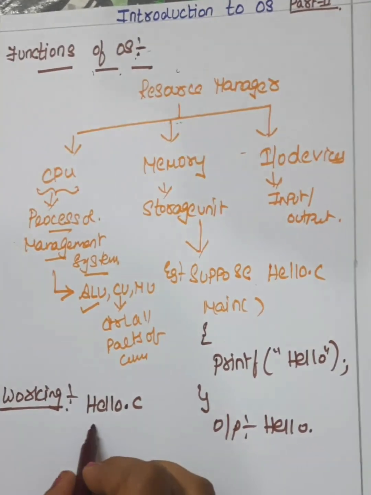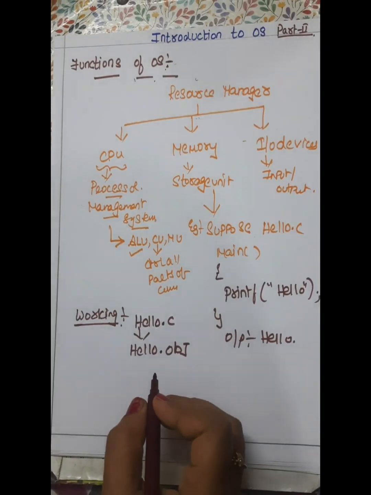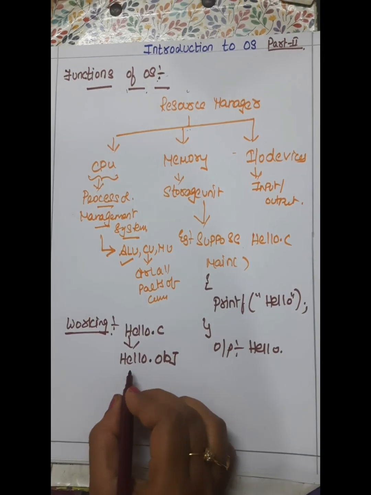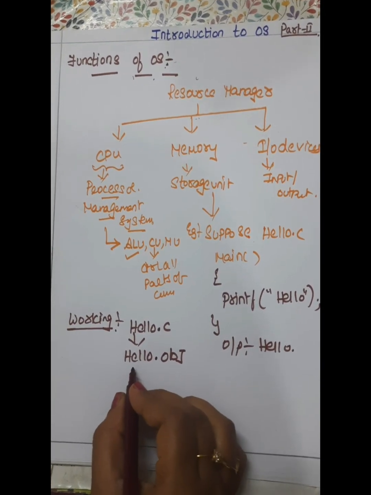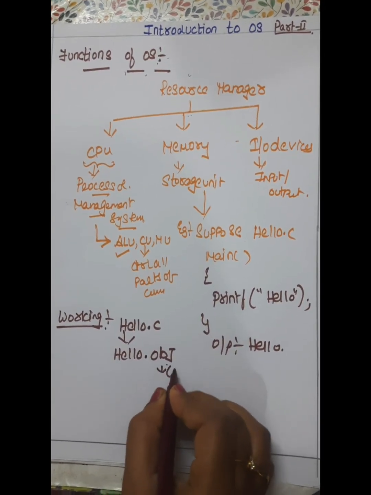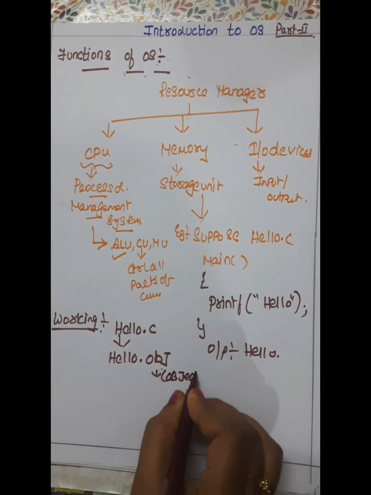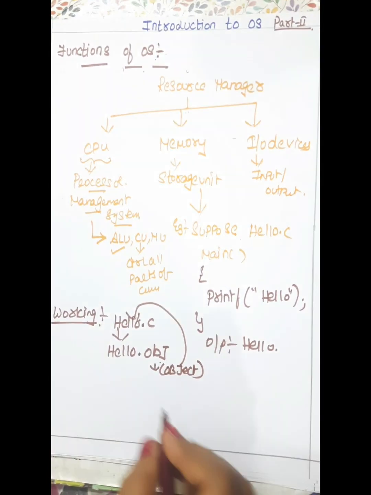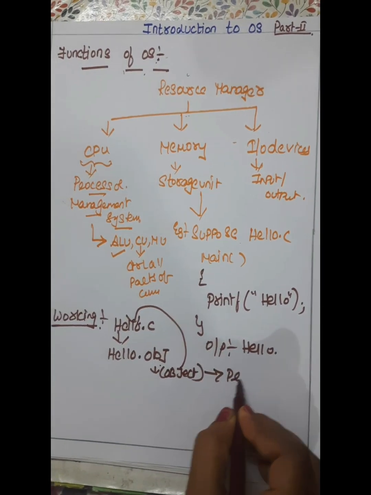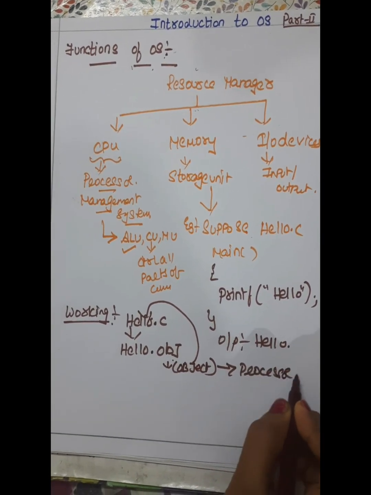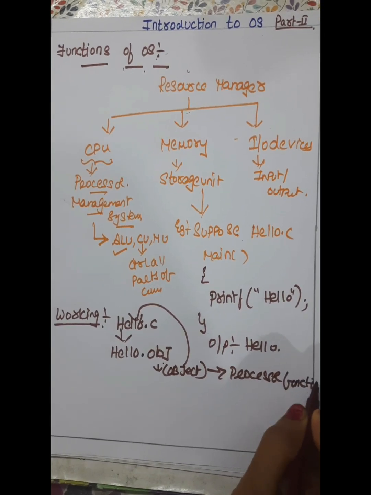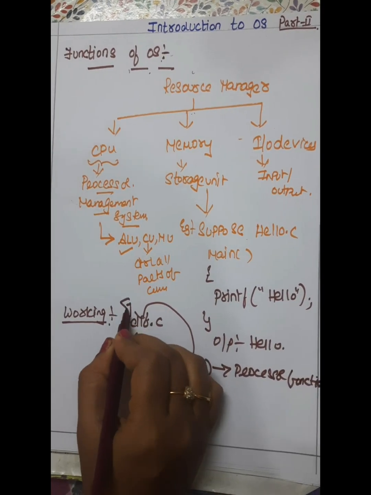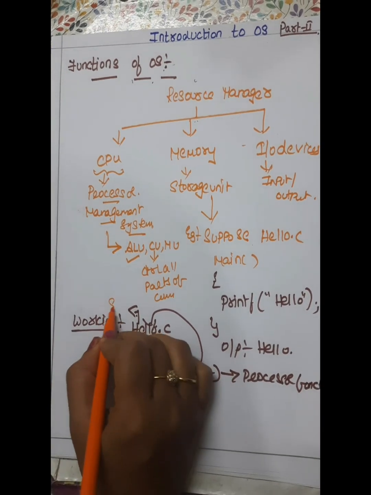Then what happens? It converts the hello.c into hello.obj. Obj is nothing but the object of the hello program. Right. So this is known as the processor function. Hello.c is nothing but the storage.